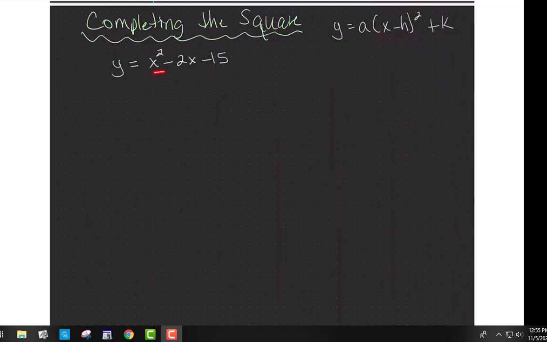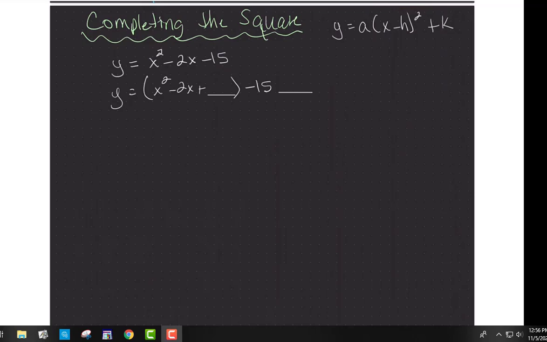And this x squared minus 2x minus 15, it's not a perfect square because we just factored it a minute ago and we found out that it wasn't a perfect square. So I want to create this little gap. I'm going to go with some parentheses. I'm going to go x squared minus 2x, and I'm going to go plus, and I'm going to leave myself a little spot because I need to figure out what that number is. Okay, and then minus 15, because that's the rest of my little problem.